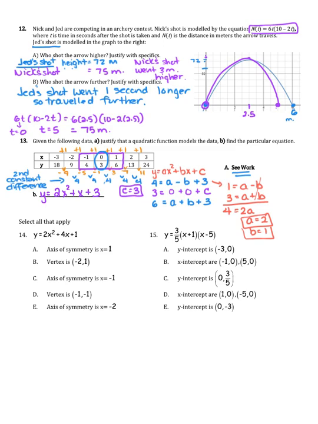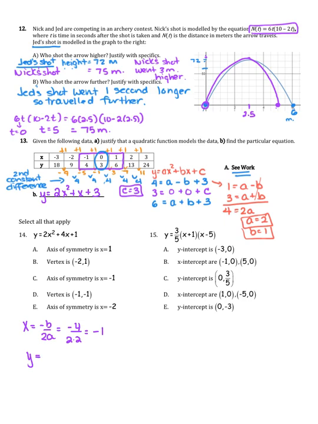Okay, so now a couple of multiple choice. Select all that apply. All these refer to axis of symmetry and vertex. So we're in standard form, so x equals the opposite of b over 2a. So -4 over 2 times 2 is going to be -1.